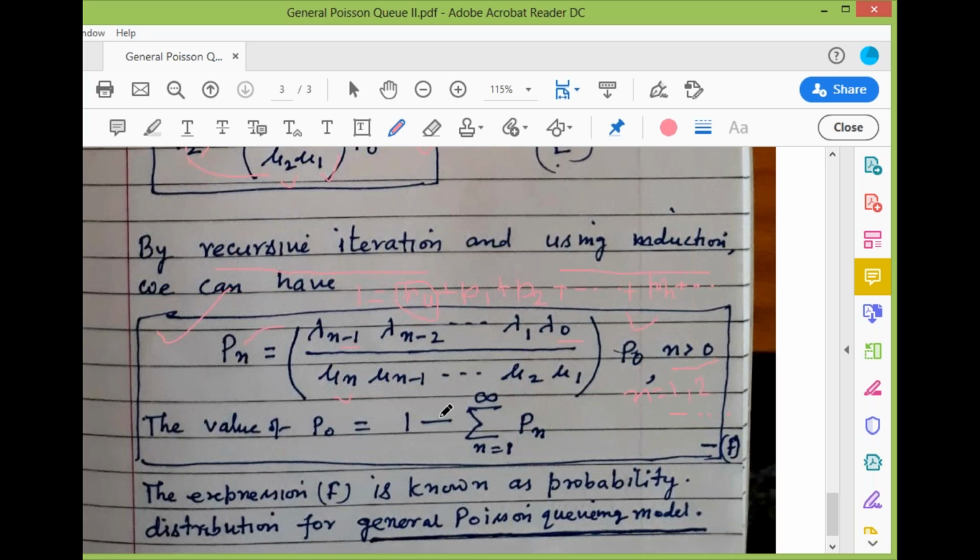In the beginning, we assumed that inter-arrival times follow the exponential distribution and arrivals follow the Poisson distribution. If that is the assumption, then this rule is derived out of the assumption, and therefore it is called the probability distribution for the general Poisson queueing model.